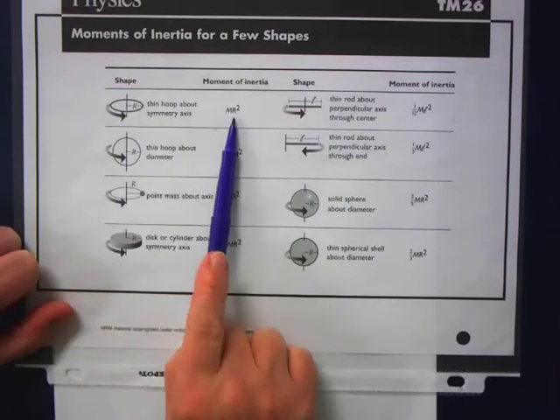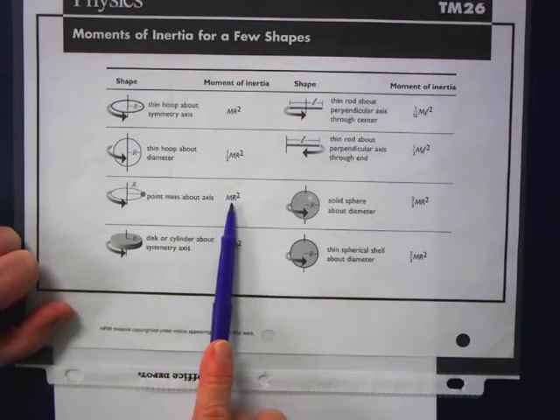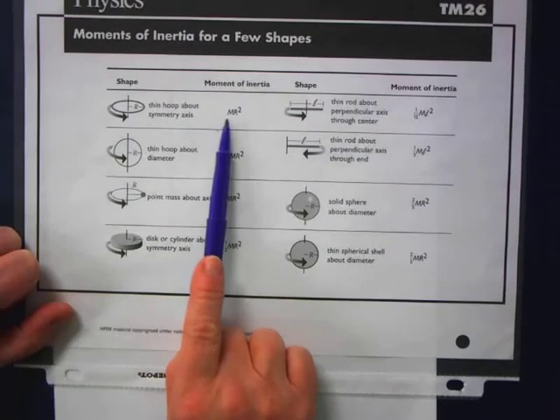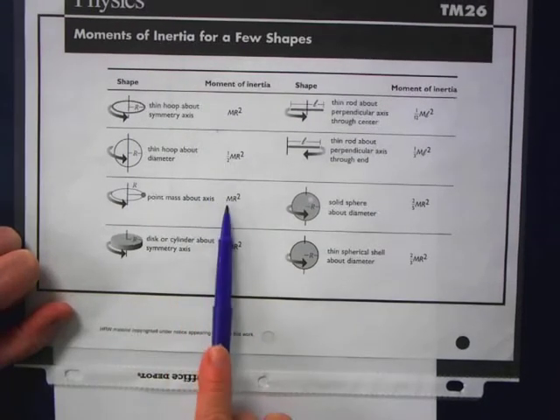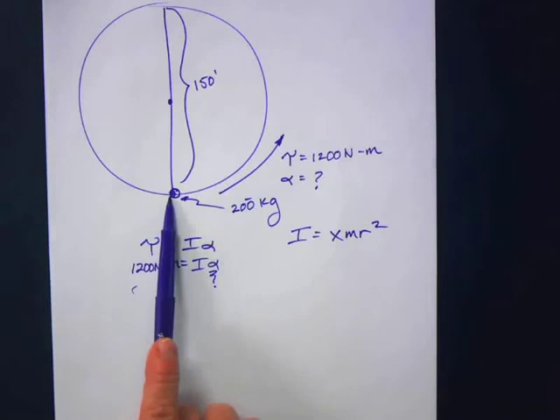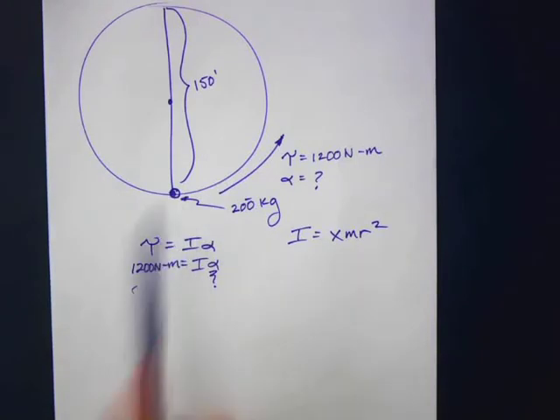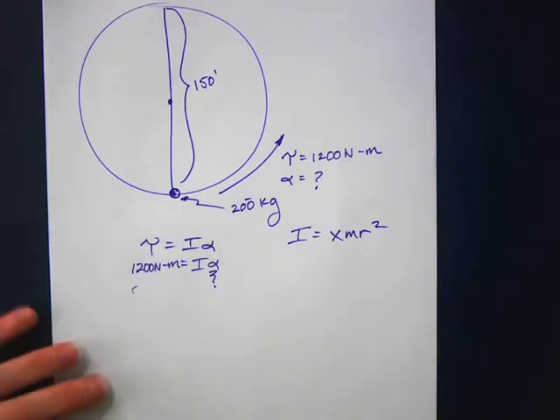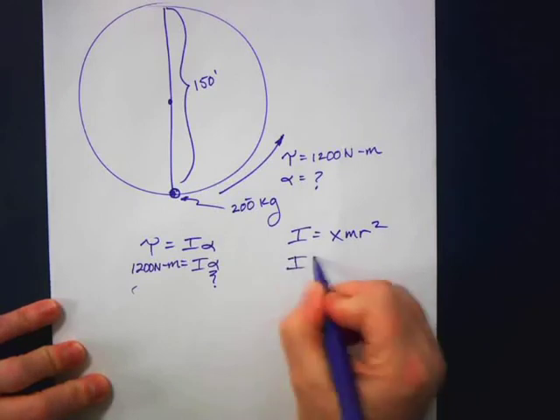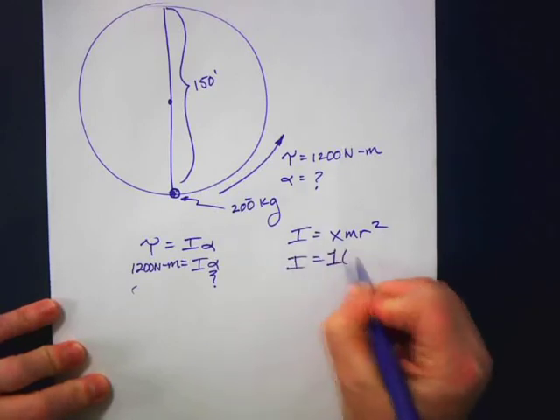Like a hula hoop. Same I value. The x is what here? 1. What's the x value here? 1. What's the x value here if they're considered a point mass? 1. Okay. So to solve for moment of inertia, you got 1.